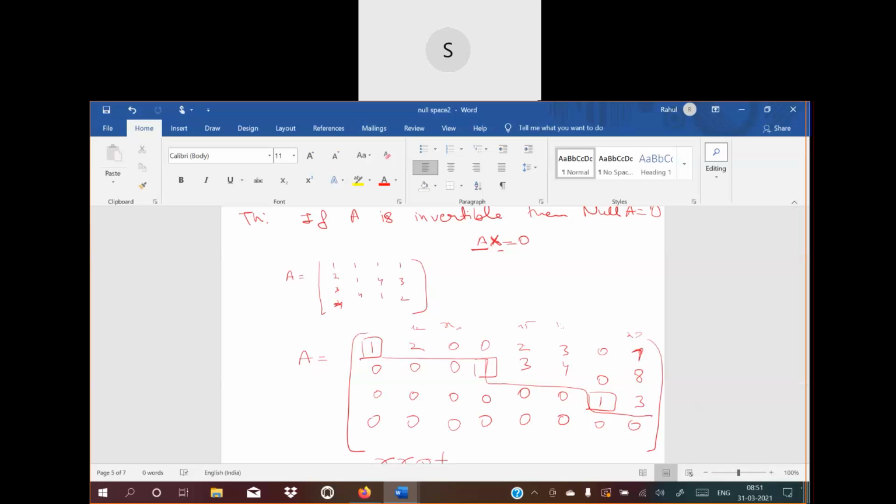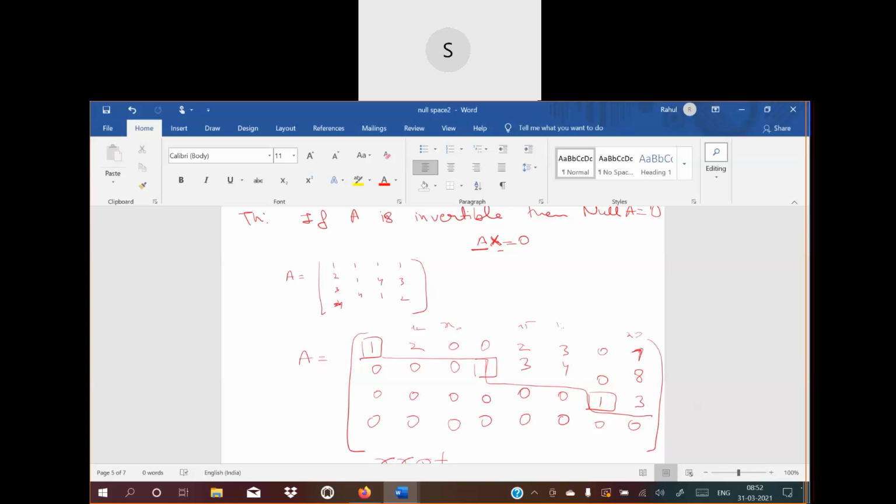Any column here, say 2, 3, is 2 times the first and 3 times this. So any column can be written as a linear combination of those 3 independent columns, which is very nicely seen here. 7, 8, 3, 0 is nothing but 7 times the first pivot, 8 times this one and 3 times this one. This is one property.